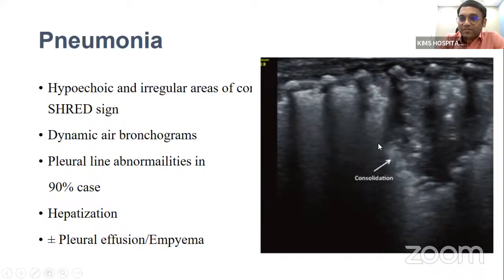When you find this kind of picture in preterm babies who have respiratory distress and an increased FiO2 requirement even after the first dose of surfactant, there might be pneumonia rather than respiratory distress syndrome secondary to surfactant deficiency. So in this way, we can think of adding antibiotics and managing the babies.